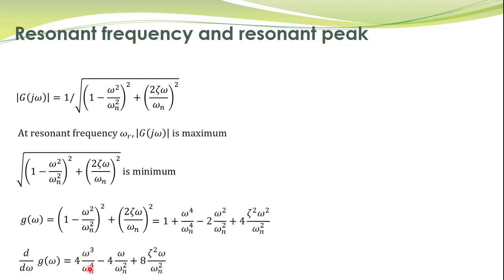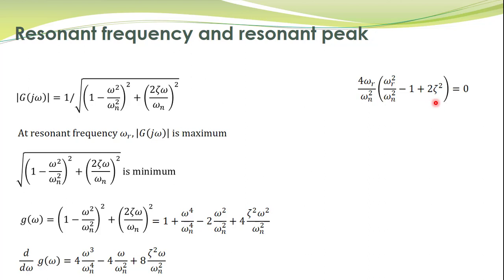Omega n is some constant, and then 2 multiplied by 2 is 4 omega over omega n square, and then 8 zeta square omega over omega n square. To find the resonant frequency, we set this derivative equal to 0. We have taken omega r over omega n square common from the whole expression. So we get this.